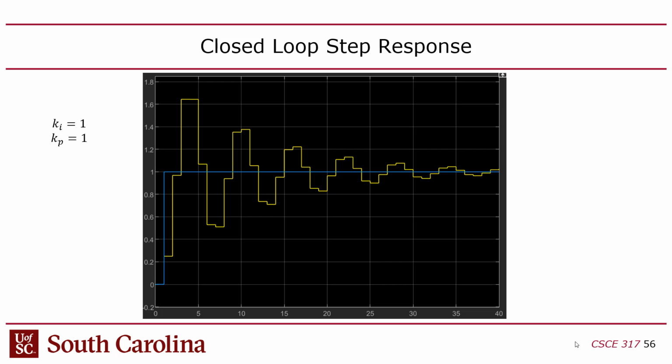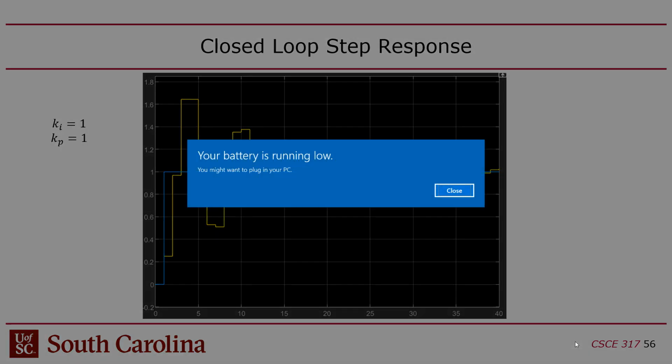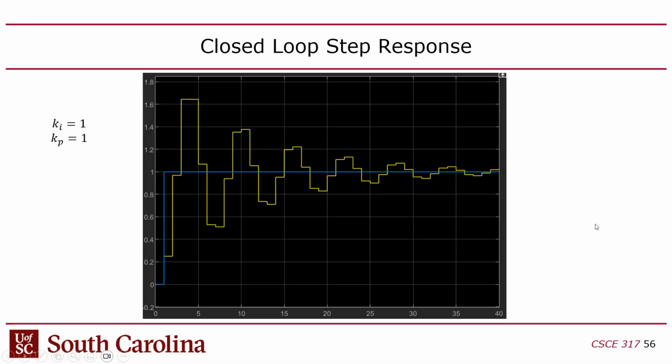And this is with an integral controller value of 1 and a proportional of 1. And then I simulated this, and you can see, what is this now? This is the closed loop transfer function, which means that this blue line is my set point. So what I'm telling the robot to do is I want you to move the coin 1 meter.